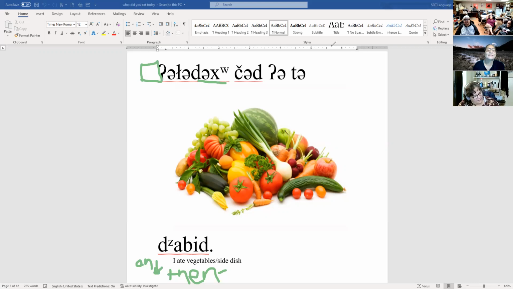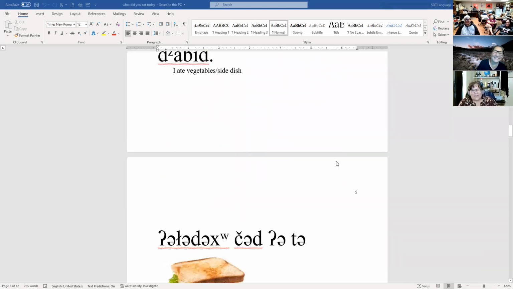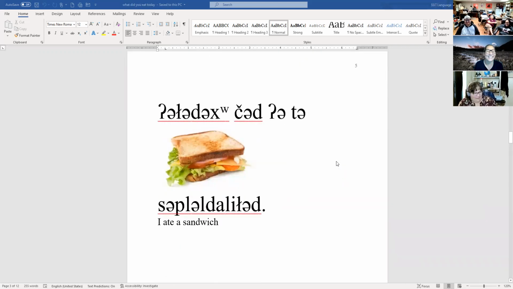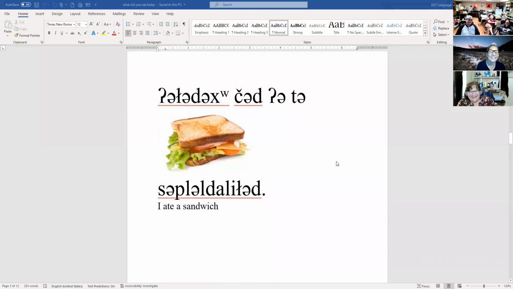So this is also side dishes or vegetables. If you're a vegetarian, you're a side dish eater, and you would continue saying the different vegetables you're eating.